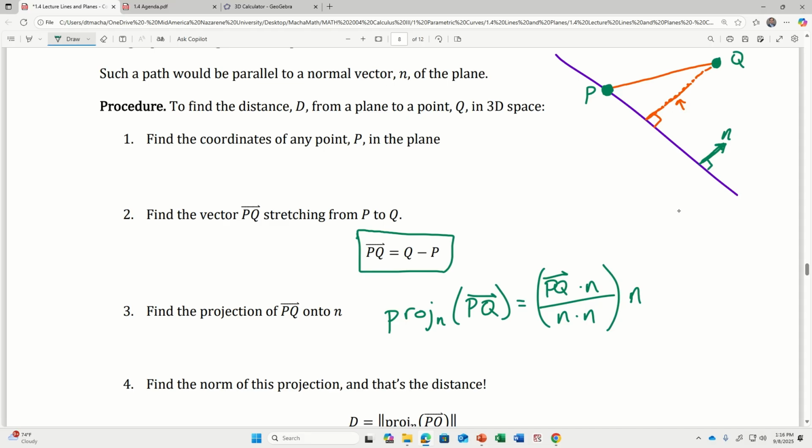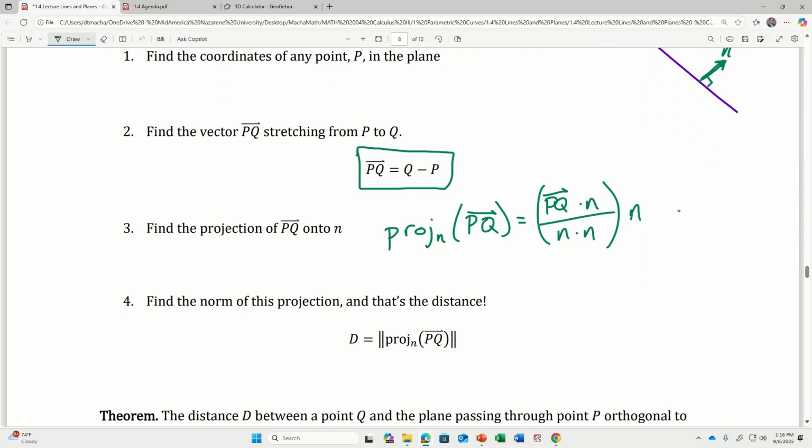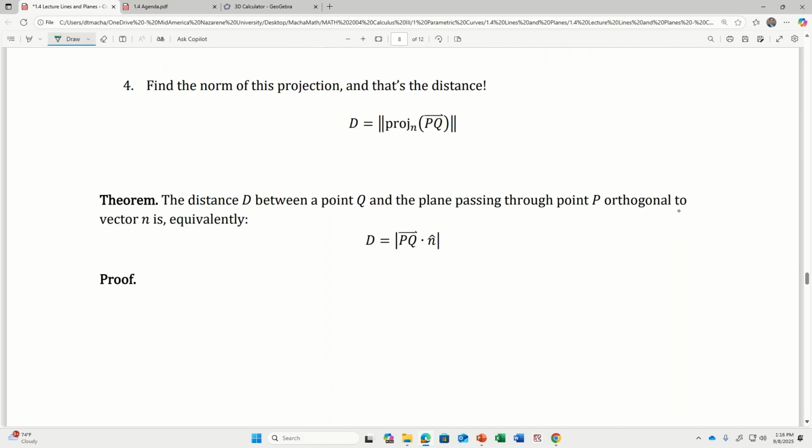And once you find the norm of that projection, that's the distance. Because this part is the projection. And the norm just tells you how long it is or how far you have to go. So that's something to remember.